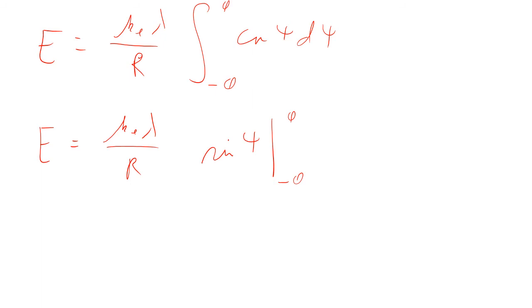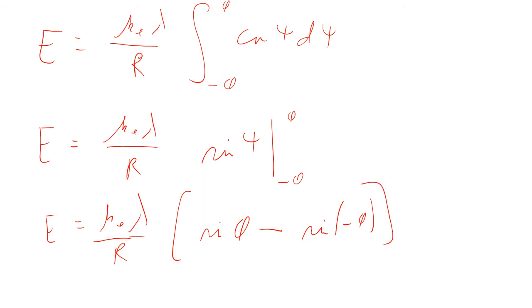Okay, so that's going to be equal to k sub B lambda over R, and that's going to be equal to sine phi minus sine negative phi. So that's going to be equal to k sub B lambda over R times 2 sine phi.